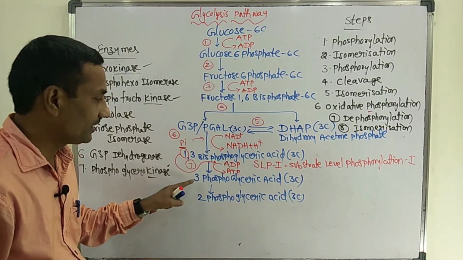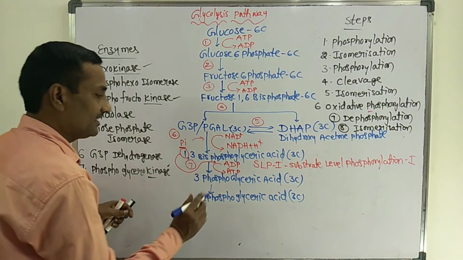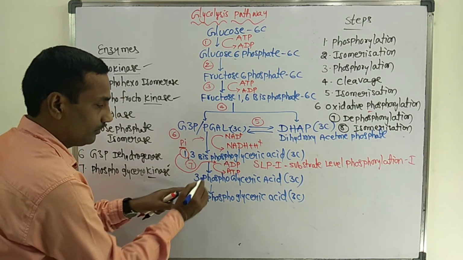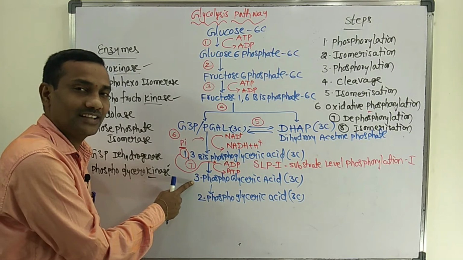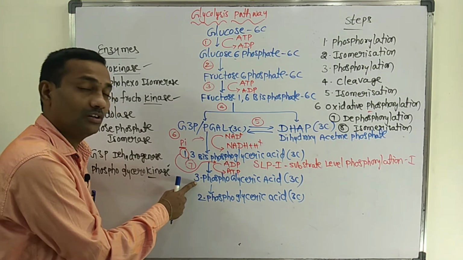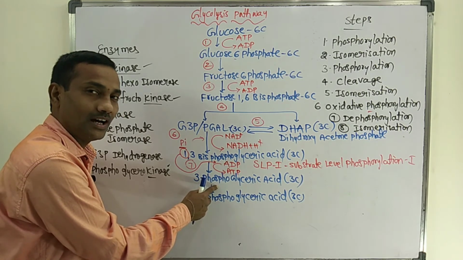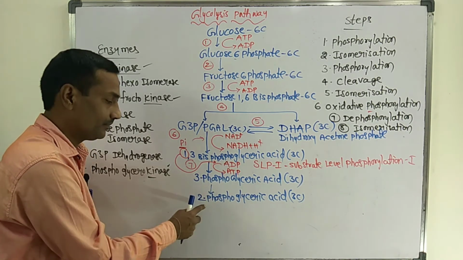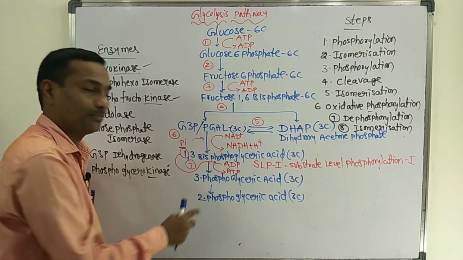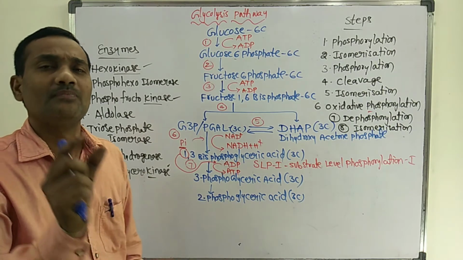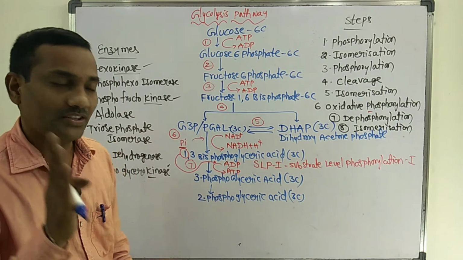What is the difference between 3-phosphoglyceric acid and 2-phosphoglyceric acid? They are just isomers. 3-phosphoglyceric acid has the phosphate on the third carbon, but in 2-phospho, the phosphate is on the second carbon. Both are isomers. Structural change will be there, but the number of carbons remains constant.